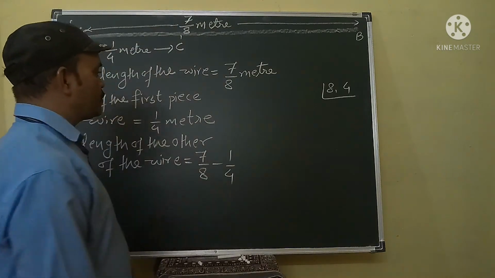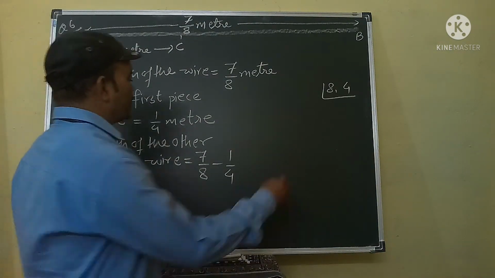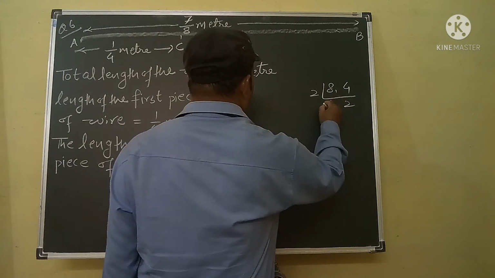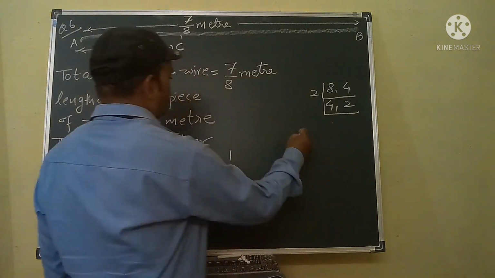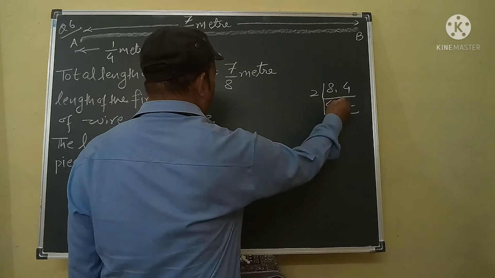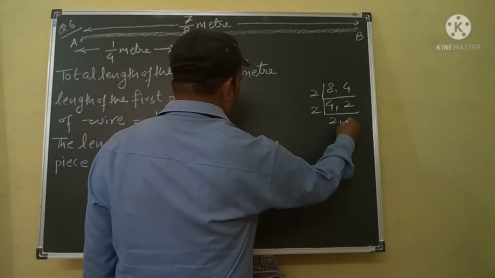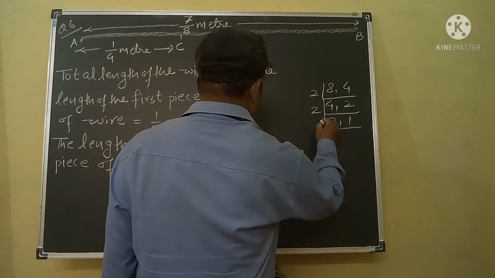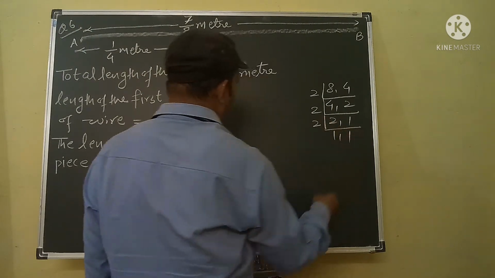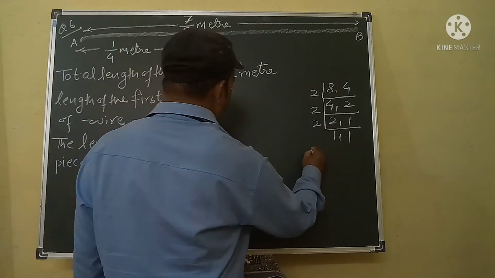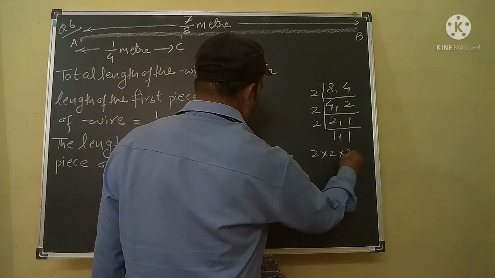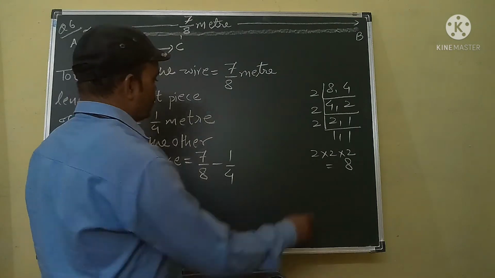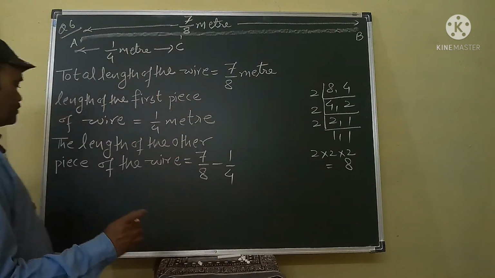Both are even numbers, divisible by 2. 2 fours are 8 and 2 twos are 4. Again 4 and 2 are divisible by 2. 2 twos are 4, 2 ones are 2. Then 2, 2 ones are 2. So 2 into 2 into 2 gives you 8. LCM is 8.